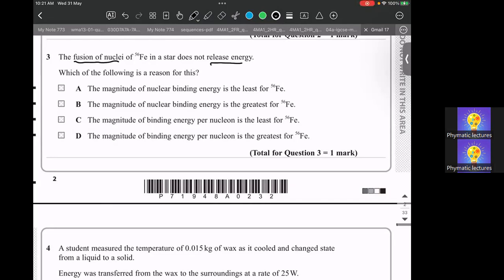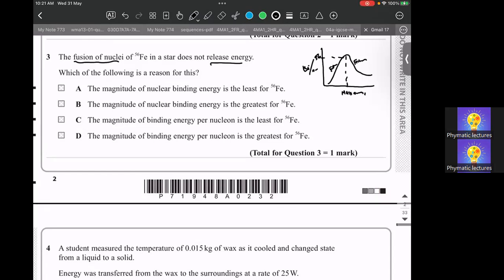I will explain why it is not the answer. If you look at the graph, this is how it goes. This is the mass number, and this is the binding energy per nucleon, and the maximum is for Fe-56. Below this, fusion occurs, and after this, fission occurs.